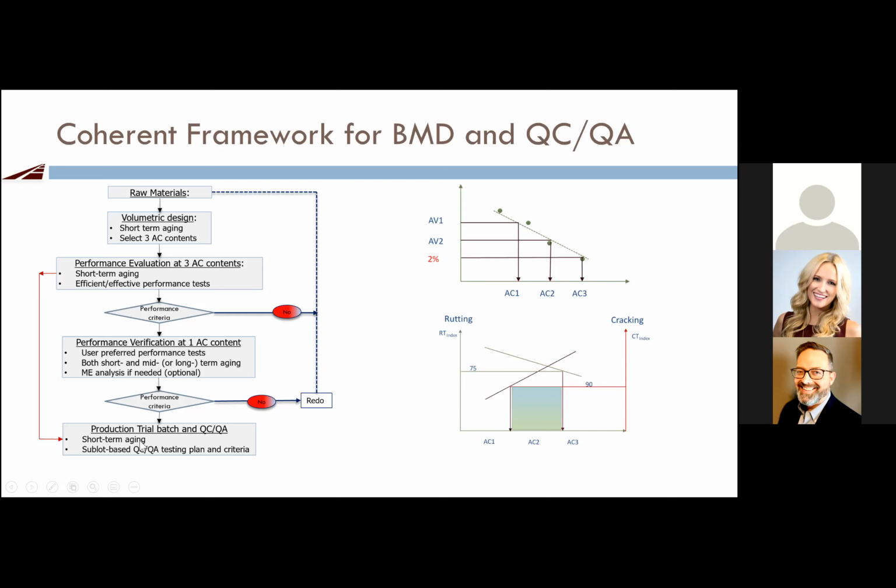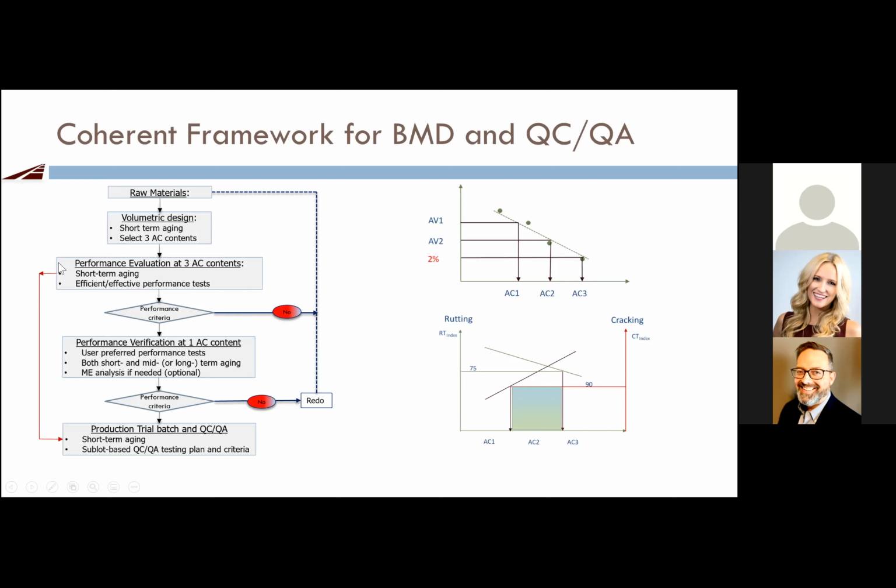Again, we're talking about short-term aging, and it is on a sublot basis, with QC tests, QA test plan, and the criteria. Again, these are the 4 pillars: volumetric design, performance evaluation, performance verification, and production QC/QA requirements. So this is the whole system we are talking about right now. That's what we call the coherent framework.